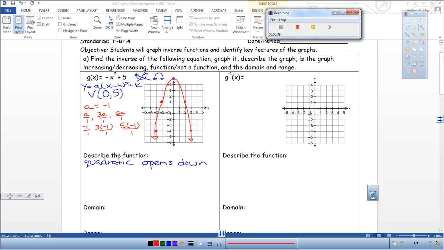Okay. Functions pass the vertical line test. So let's take our vertical line, go across the graph. Does it ever touch in more than one spot? No, it does not. Okay, so this is what we call a function. If the quadratic opens up, it is a function.